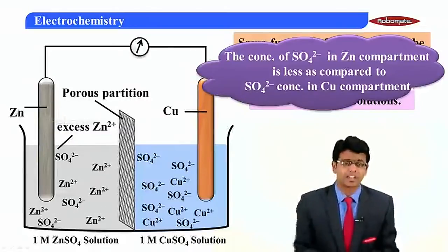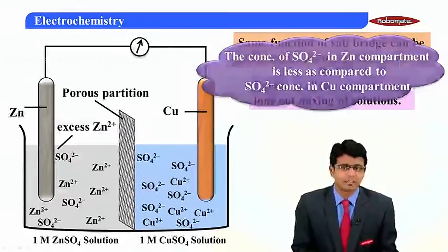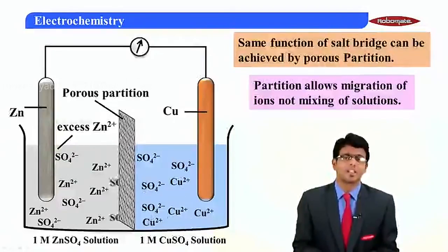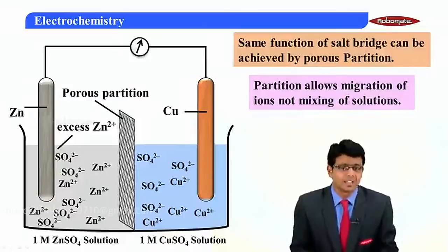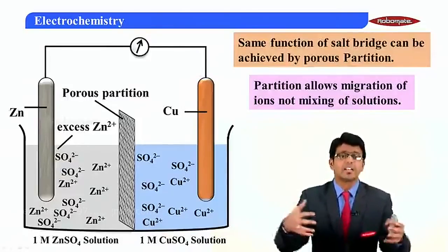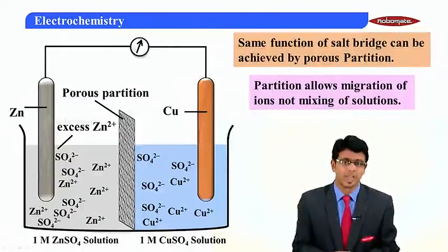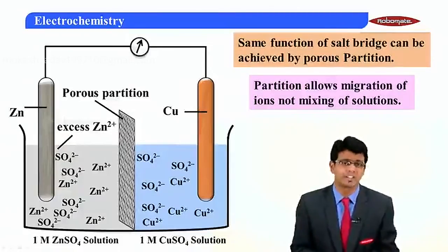Because of that, sulfate ions will migrate from the copper compartment to the zinc compartment. So through the migration of ions, the internal connection is established and electrical neutrality is maintained.